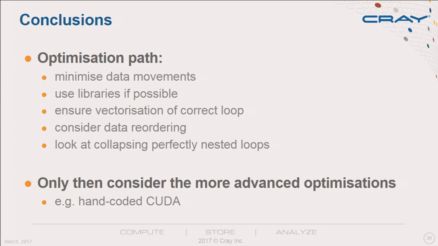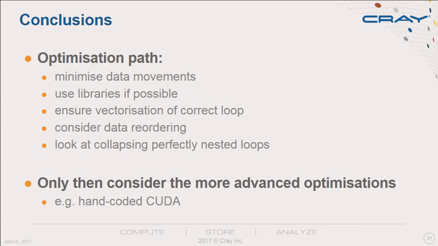To conclude the first session, I just want to remind you that if you want to optimize your application, you should really first think about data movement, which usually brings the most speedup. Then really check if you could maybe use already optimized libraries, and then ensure that your loops really vectorize.